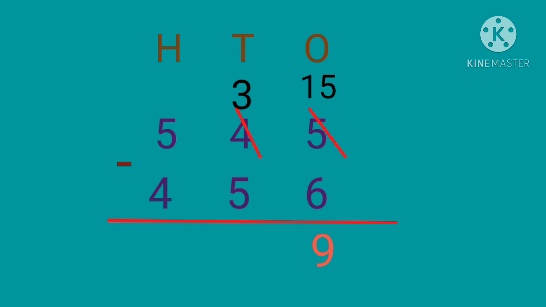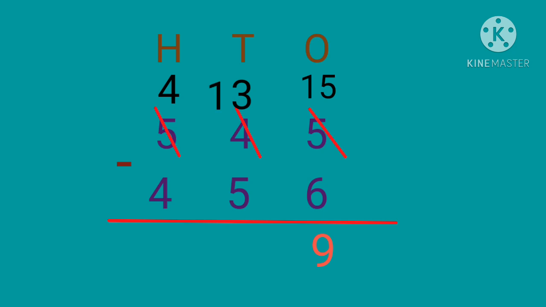Okay, now let us subtract the digits in the tens place. Now you can see that there are only 3 tens and you have to subtract 5 tens from that. Is it possible? No. Again we have to regroup the number in the hundreds place. Now when you take away 100 from 500s, there are 400s left and now in the tens place we have 13 tens.